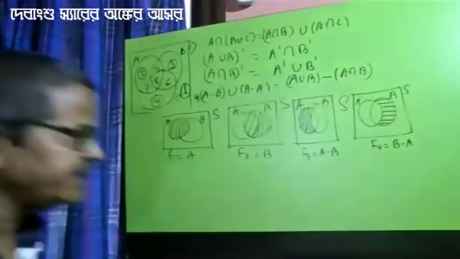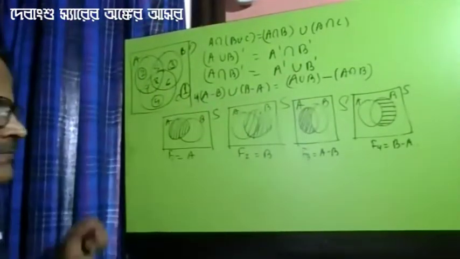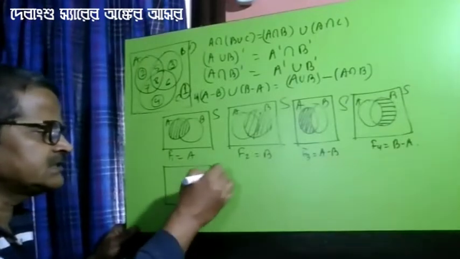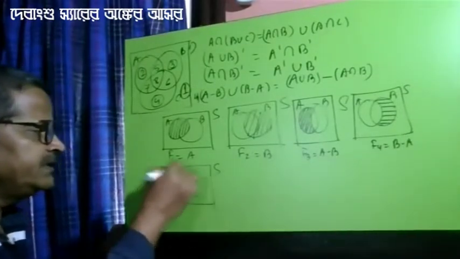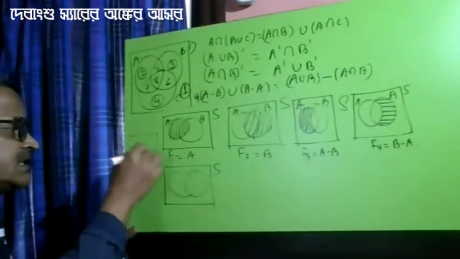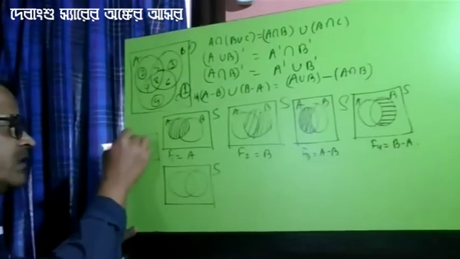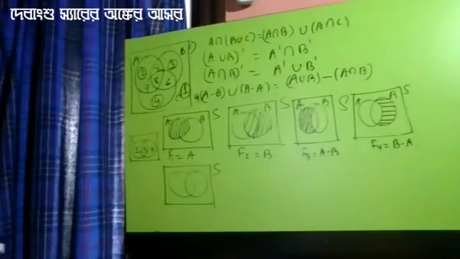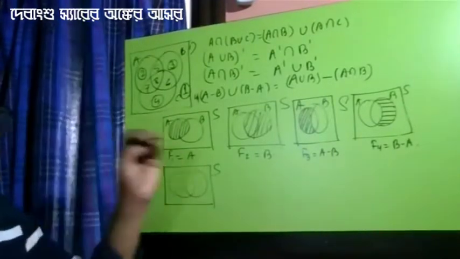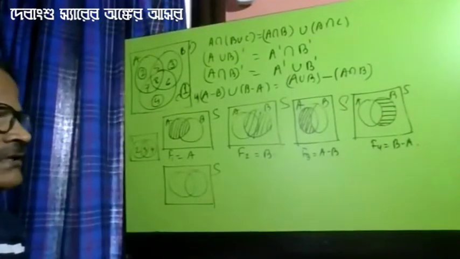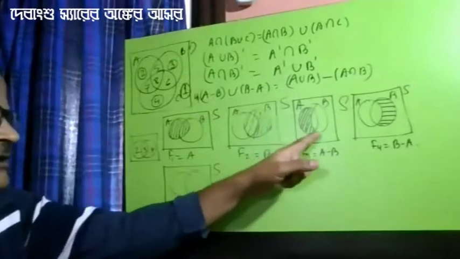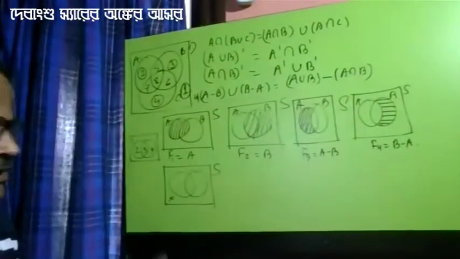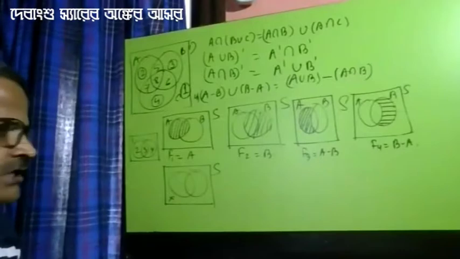Now I have to take their union. Union of these two sets. This is S, A, B. Again see, these are the portions 1, 2, 3, 4. Union means any portion within at least one of the sets will be considered. Now see the first portion, 1, outside the circle, is not included in either of the sets, so this portion will not be in our choice.